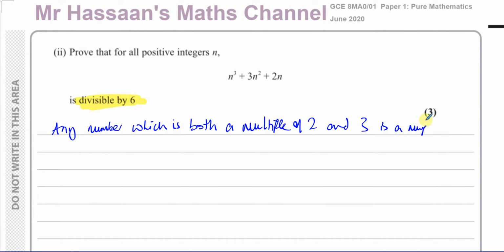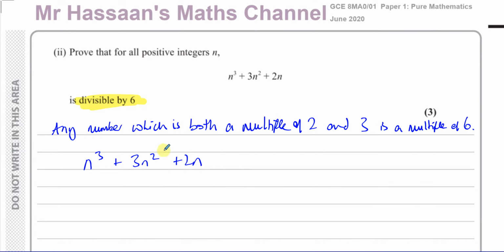So if we can prove that this expression can be shown to be multiples of 2 and 3, then it will also be a multiple of 6. Now if we take this expression n cubed plus 3n squared plus 2n.